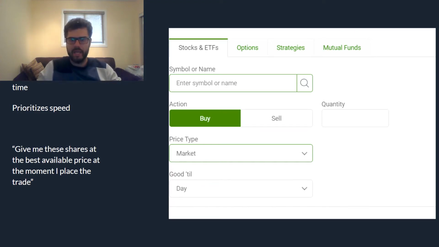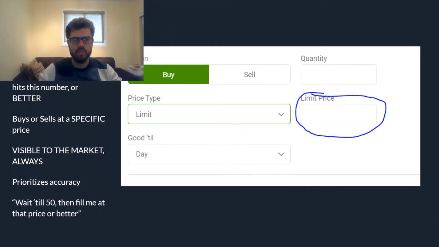Or you're day trading really large spreads, but even then you'd usually be placing one of the other orders that I'll get into. So the thought behind this is, give me these shares at the best available price at the moment I place the trade. Okay, let's go on to the next one.